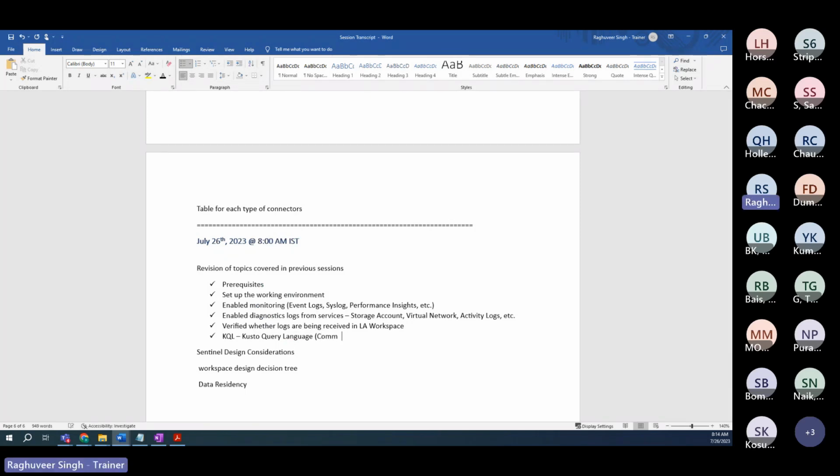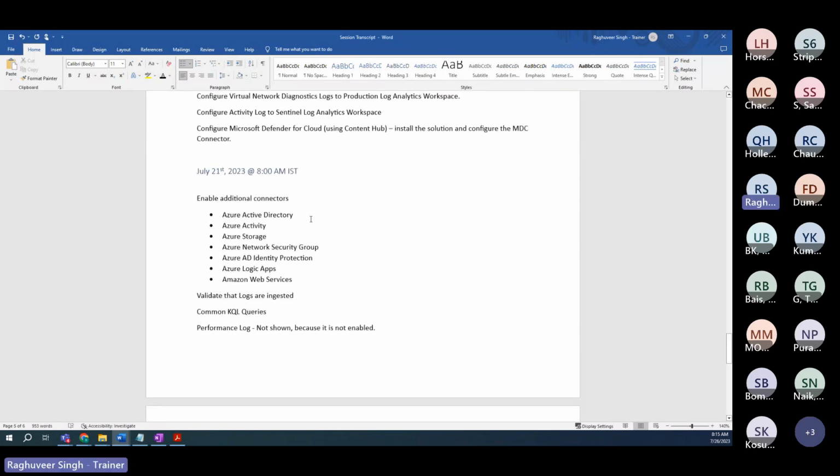First of all, I talked about the building blocks of it, various switches that you can use in KQL, and common KQL. And that's where we spent some time in understanding how do we write KQL queries, how do we save KQL queries, how do we make use of pre-configured queries. That is what we looked at. So that's exactly what we did.